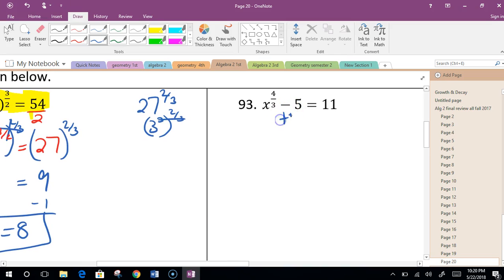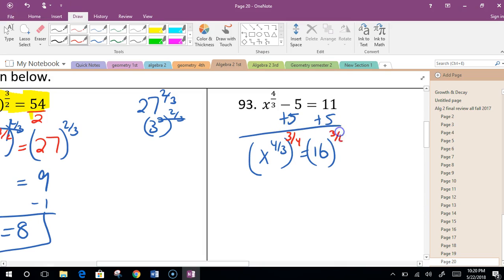93, again, same thing. We're going to solve for that variable. We're going to add 5 to both sides. So we get x to the 4/3 equals 16. We're going to wrap both sides in parentheses, and we're going to raise to the reciprocal power.